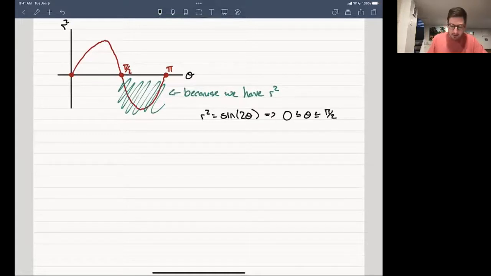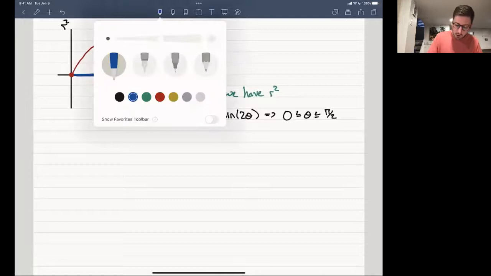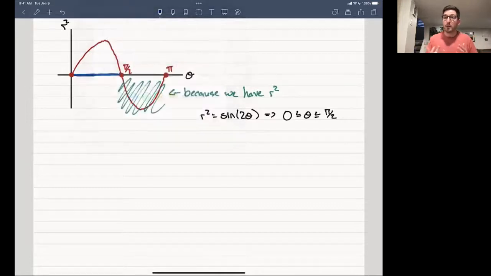So that immediately tells us that we are going to restrict ourselves to this blue region of the theta values, because those are the only ones that are reasonable when we're talking about r squared.